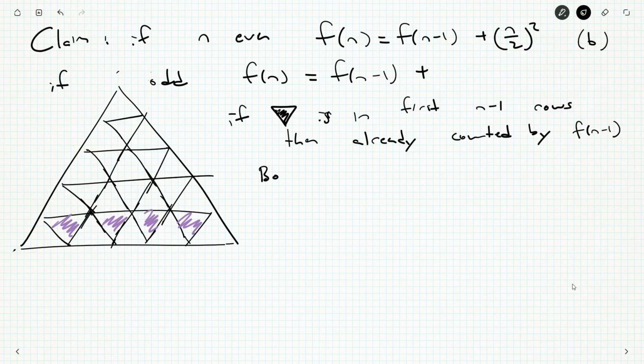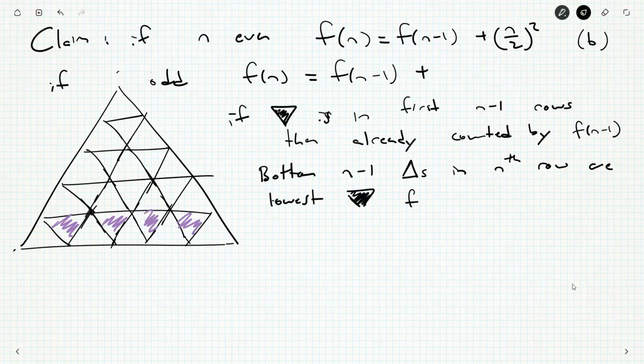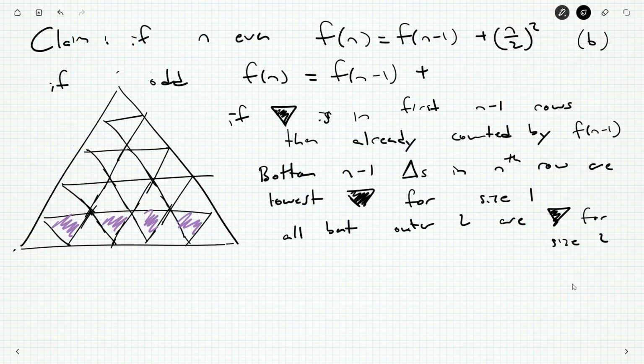So the bottom n minus 1 triangles in the nth row are the lowest triangles for triangles of size 1. All but the outer 2 are lowest triangles for triangles of size 2.